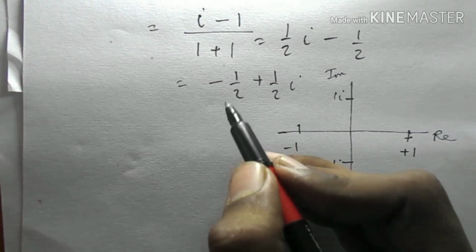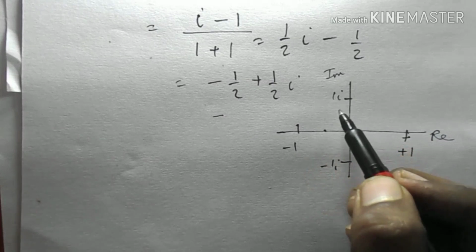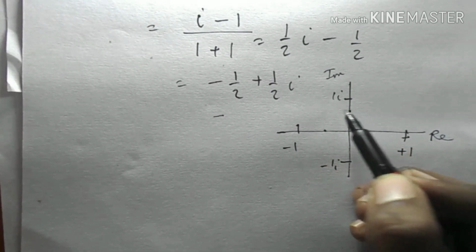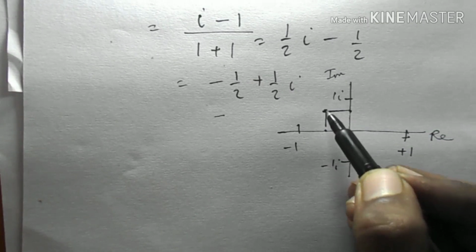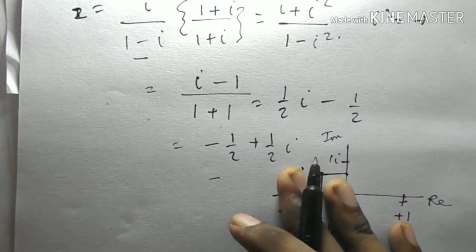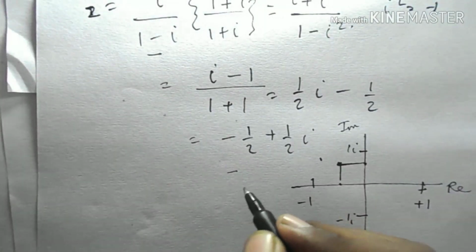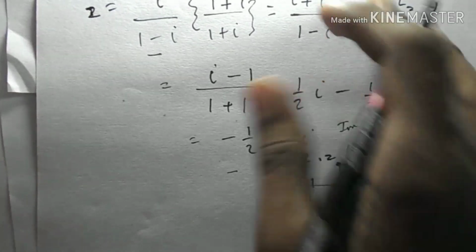So now it's negative half, so it would lie somewhere here, and it's positive half, so the point lies here, right? This point is the Z. So Z lies in the second quadrant, right?